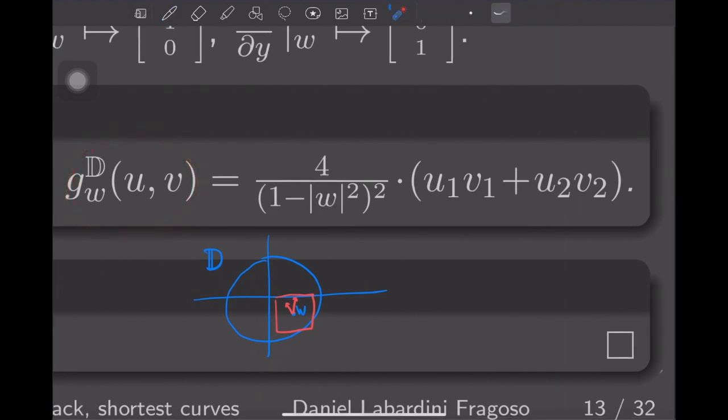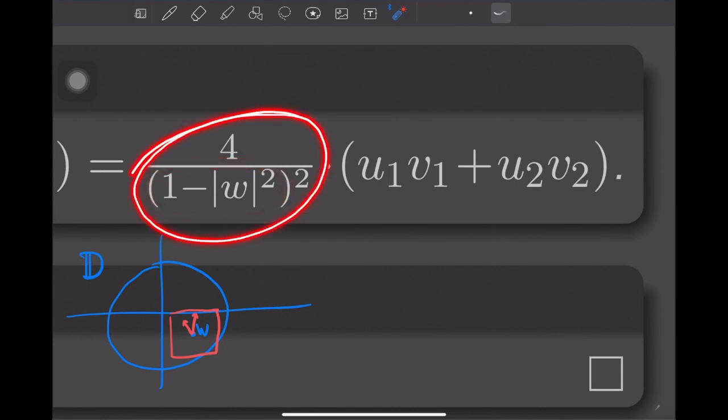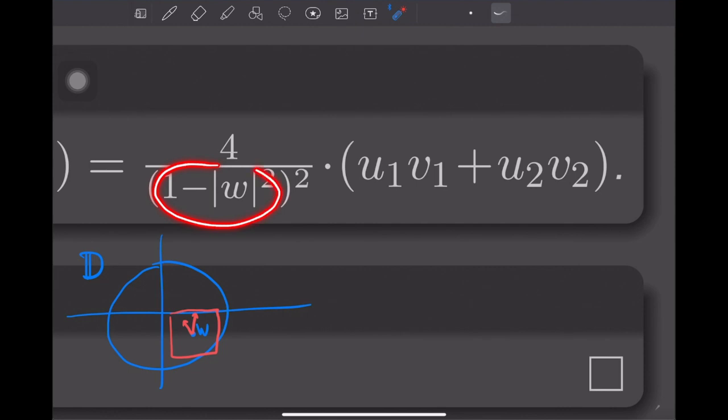Right? And somehow this gives you something funny. So it's the usual Euclidean product, but if you let your W vary, if you let your W move, when it starts getting close to the unit circle, this becomes very big.